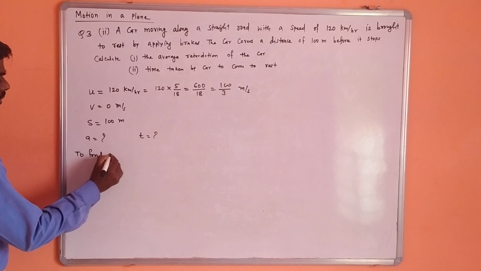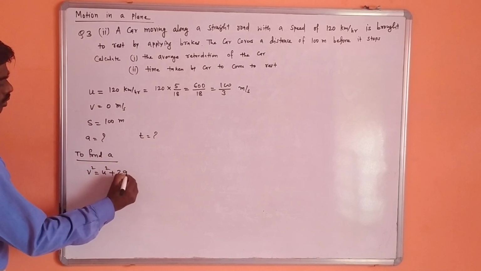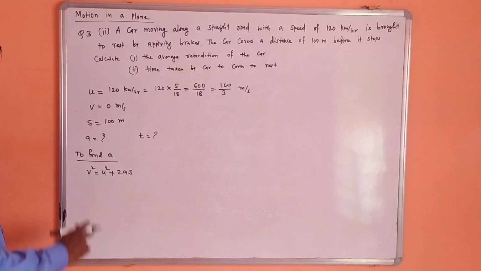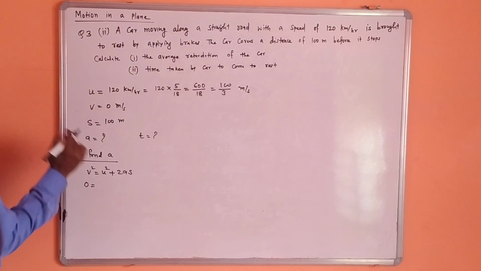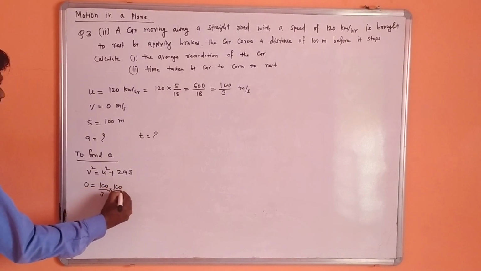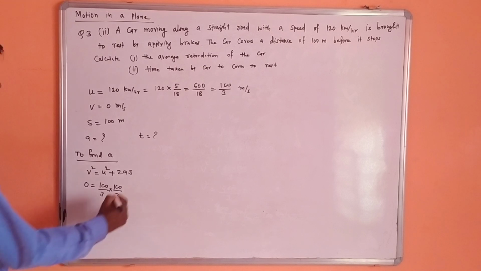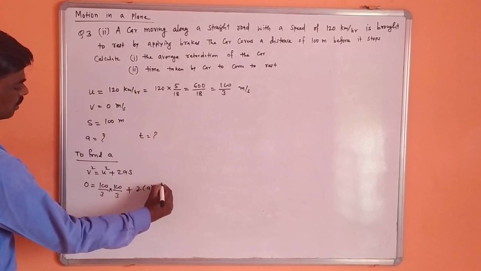the third kinematic equation. v square is equal to u square plus 2as. So v, the final velocity, is 0. u, the initial velocity, is 100 by 3, into 100 by 3, plus 2a, where s is 100.